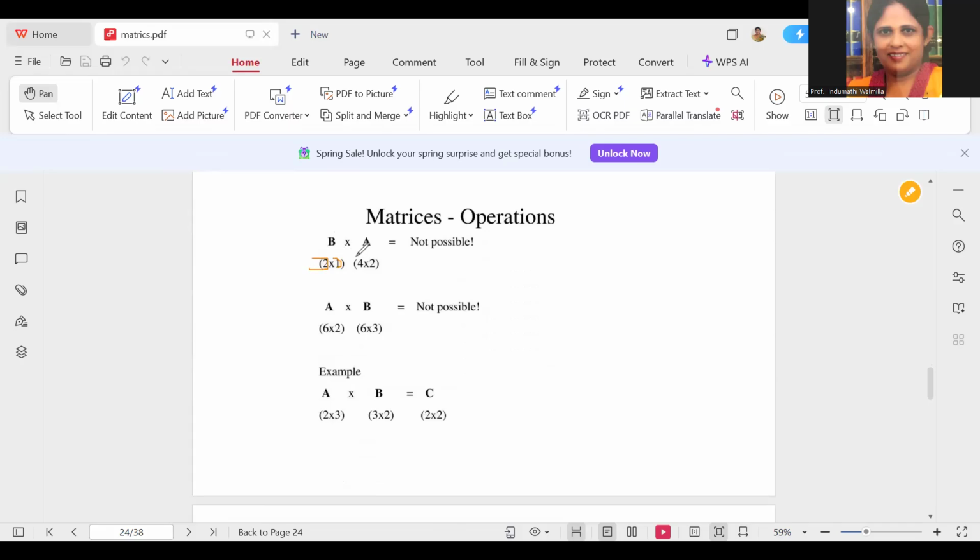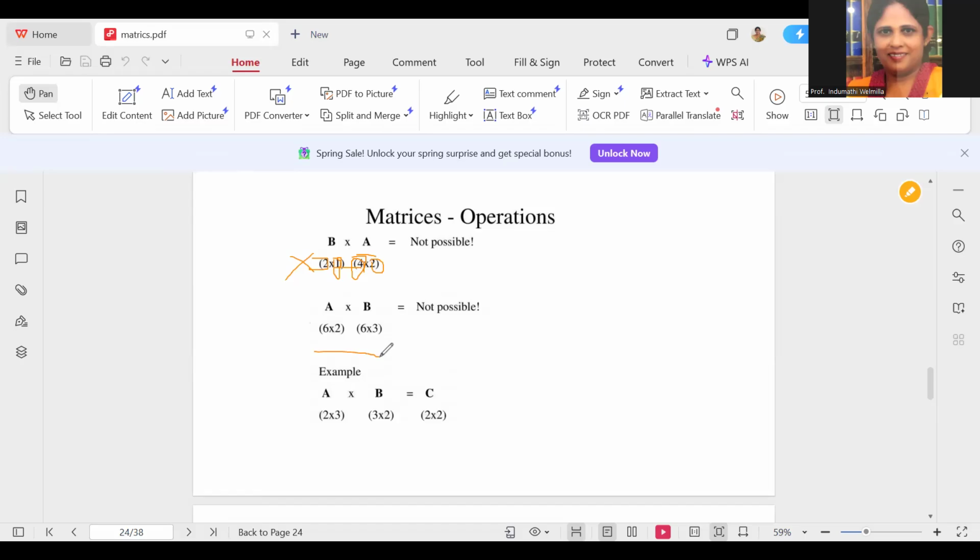The second matrix B has 4 rows and 2 columns. To multiply these two, the first one's number of columns should equal the number of rows in the second one, but in this case it is 1 and 4, not equal. Therefore we cannot multiply these two matrices.